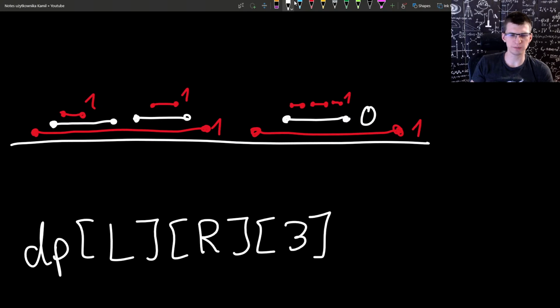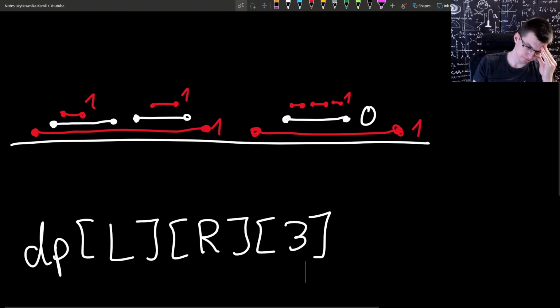And that will be called dp[l][r][0] or something, or 2. Then to do this in an optimal manner, I will use shorter intervals of that previous type. Yeah, and up to 500 really suggests that it's some kind of interval dp. And I will have cubic complexity.